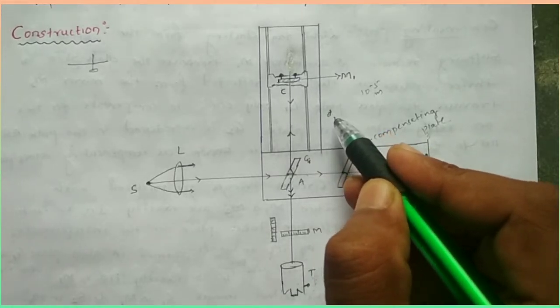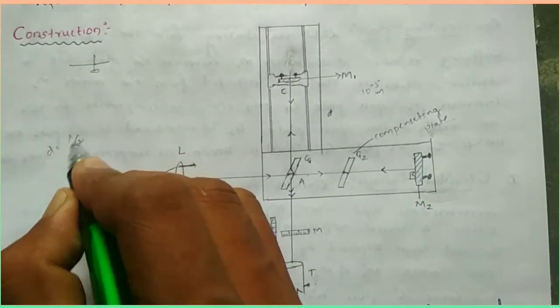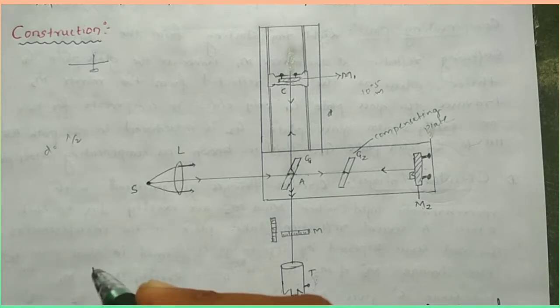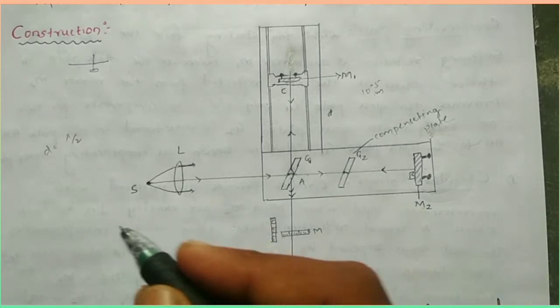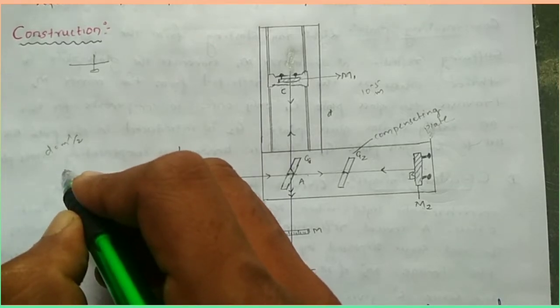The distance D is equal to lambda by 2, and you multiply this lambda by 2 with m.